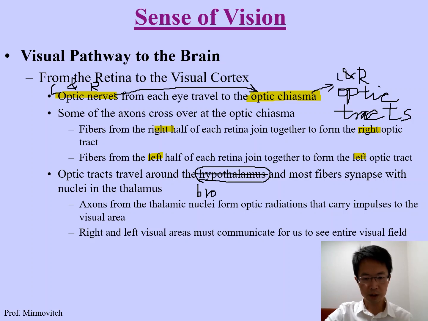The hypothalamus is mainly for controlling your endocrine system. The optic tract goes through the brainstem. There are some brainstem nuclei. And then yes, it will go to the thalamus, the nuclei in the thalamus.